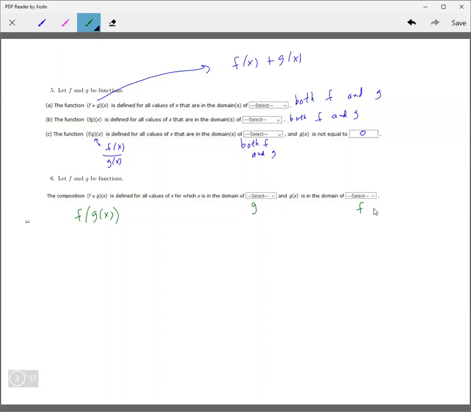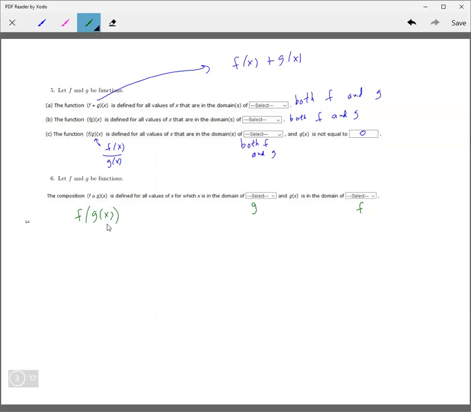Okay, so it's interesting because this composition is another function. So f and g are two functions, and the composition is a third function, another function that's not f or g.